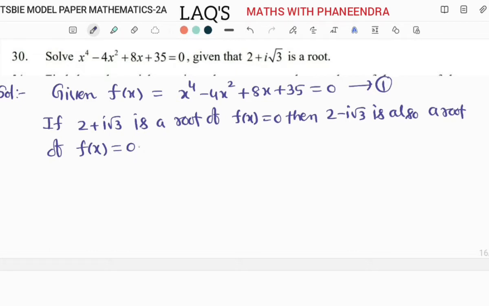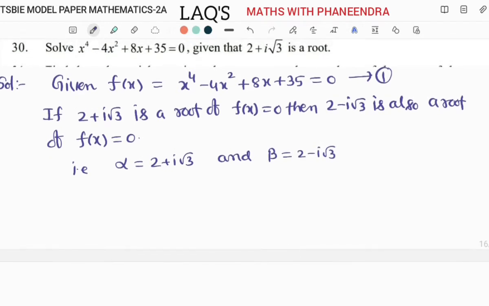So therefore, two roots are there. One root, alpha, is equal to 2 plus i root 3 and beta is equal to 2 minus i root 3.